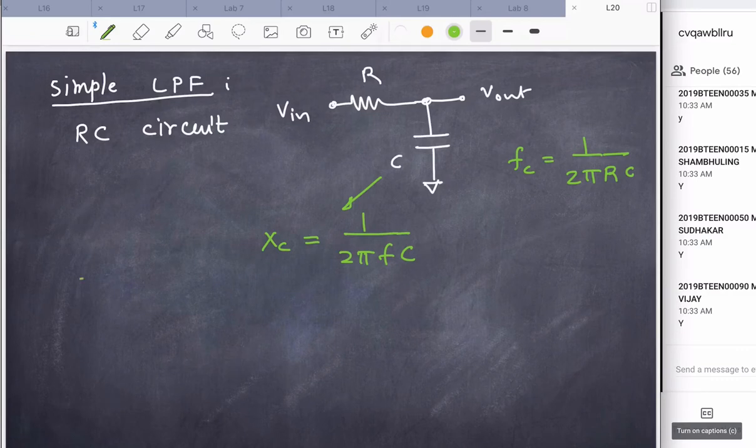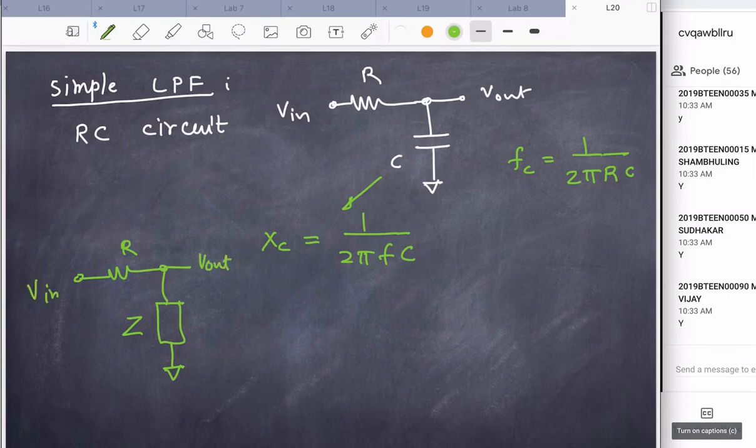Okay. So, I will draw it here, I will write it as Z and R. So, this is a voltage divider actually, V input and V output.